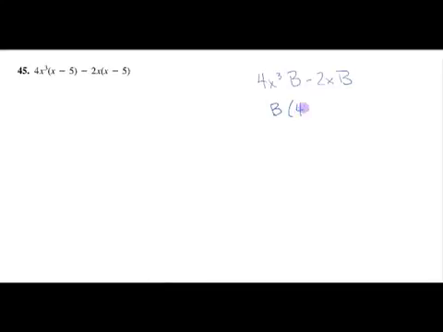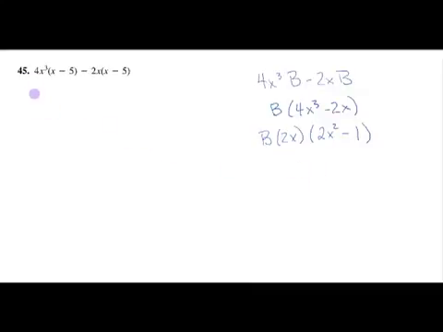And we'd have a 4x cubed minus 2x. Yet, when we're looking at this binomial, we also have a greatest common factor of 2x. So we'd have a b times a 2x times a 2x squared minus 1.